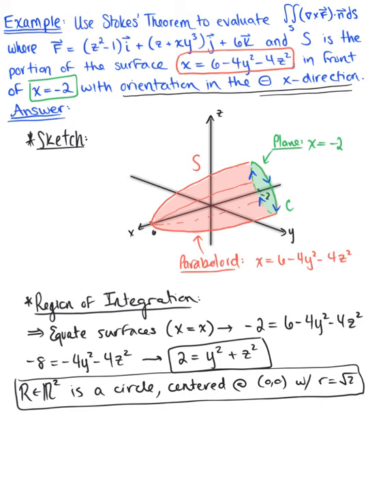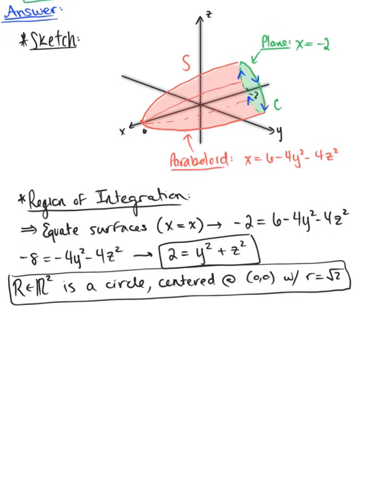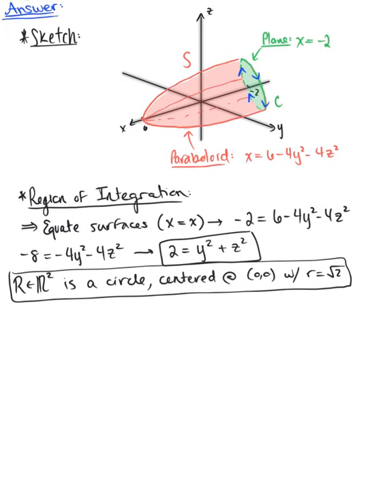To help us in determining our bounds and parameters, let's actually think about this sketch real quick. So we have our y and z axes here. We'll say this is y and this is z, but if you labeled them in the reverse, that's fine too, as long as you're labeling.